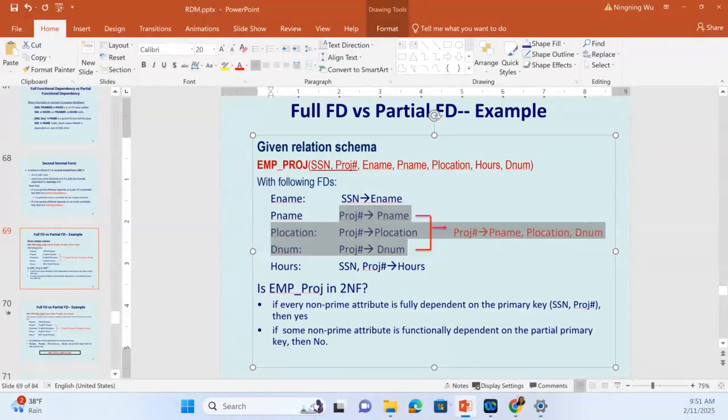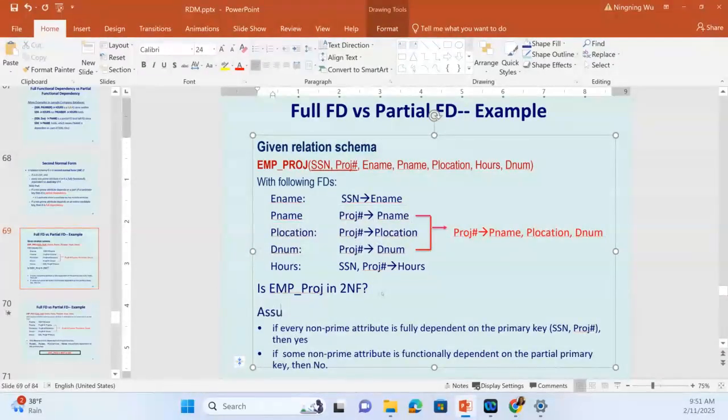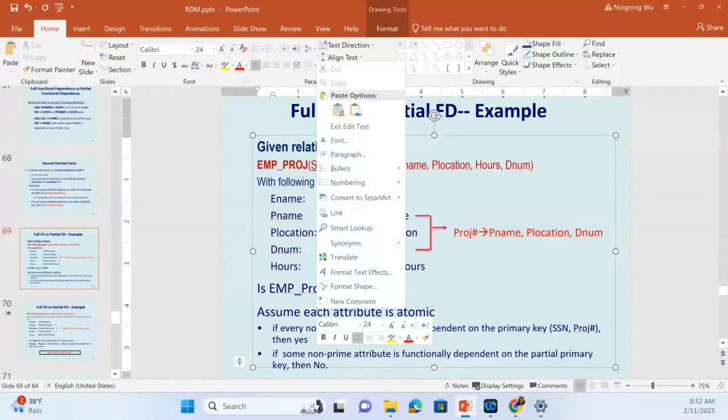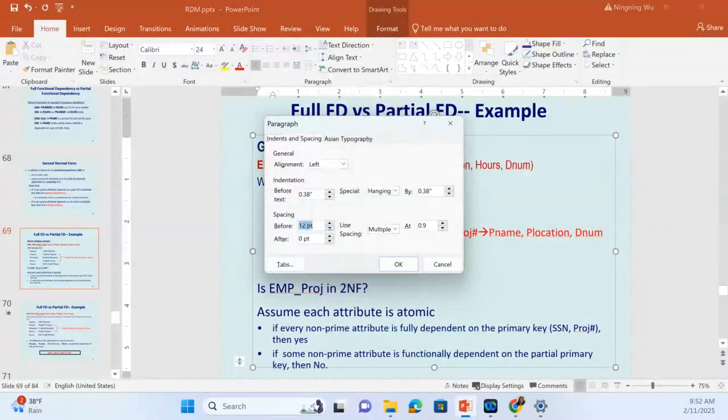Then the question asks: if we assume that every attribute is atomic, that means each attribute cannot have multi-values, cannot have composite values, cannot have a nested query.